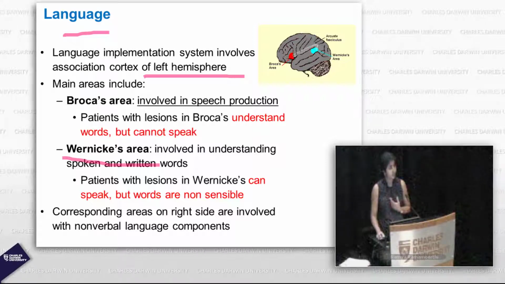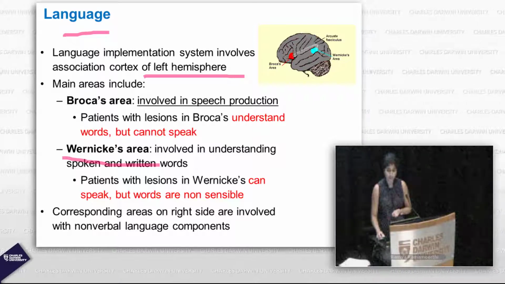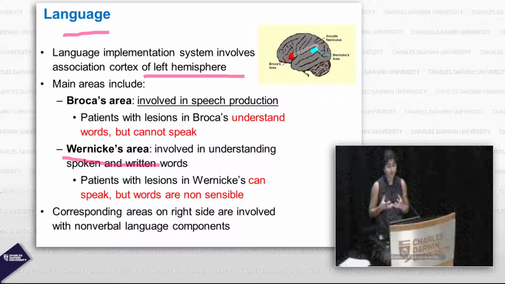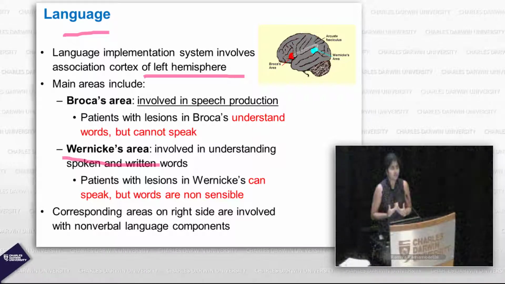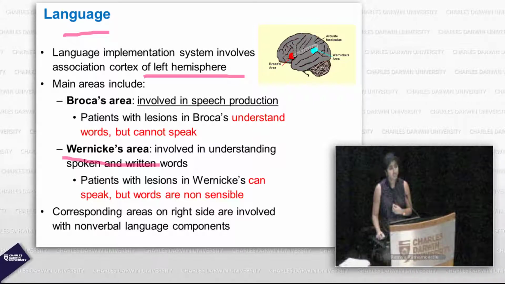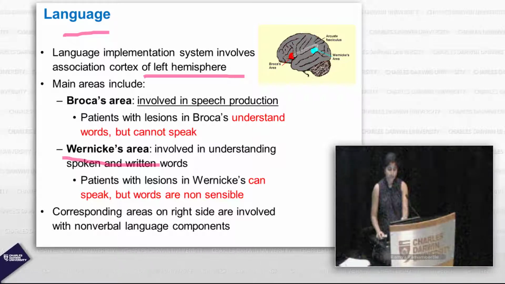Okay. The next is that blue mark there, which is called Wernicke's area. This is important to understand the spoken language. Okay. So the first one, Broca's area, is important in speech production. The other area is important in understanding the spoken language. Patients with a lesion of Broca's area cannot talk.